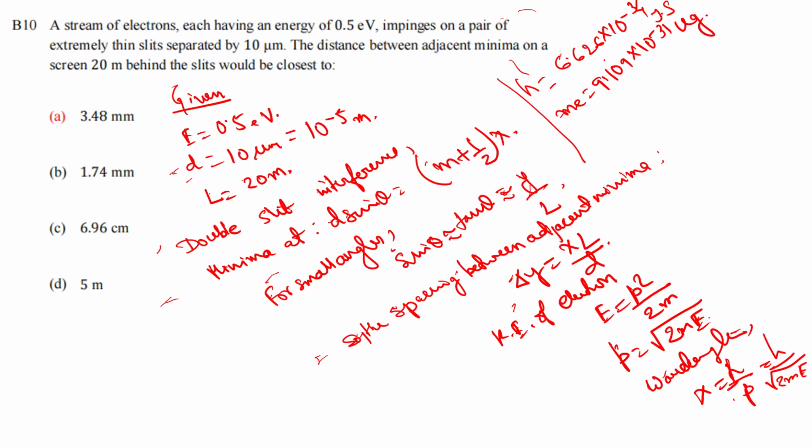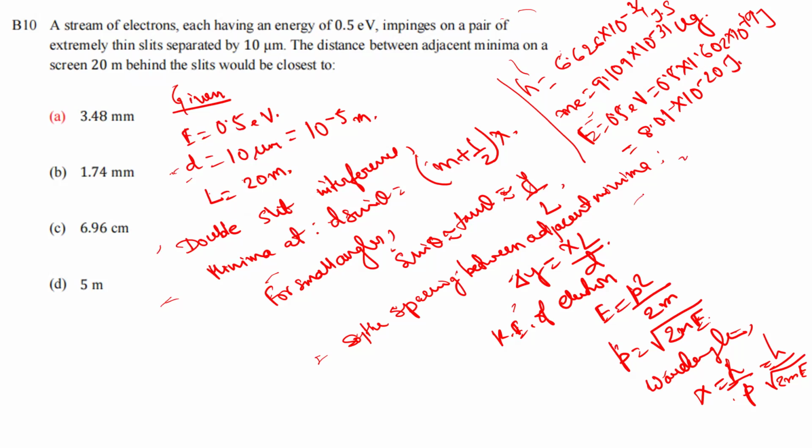For E, 0.5 eV is equal to 0.5 into 1.602 into 10 to the power minus 19 joule, or 8.01 into 10 to the power minus 20 joule.